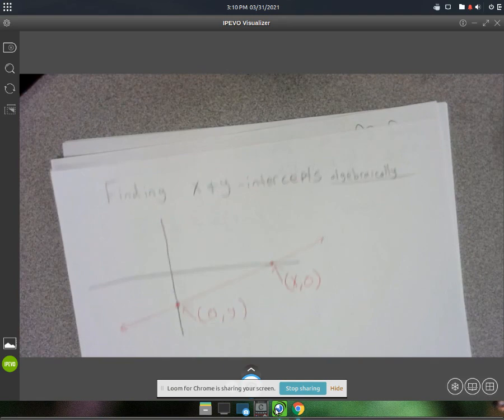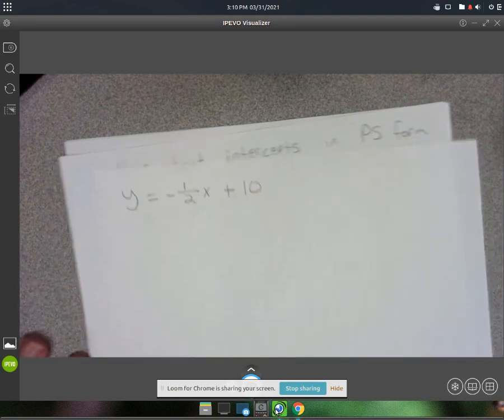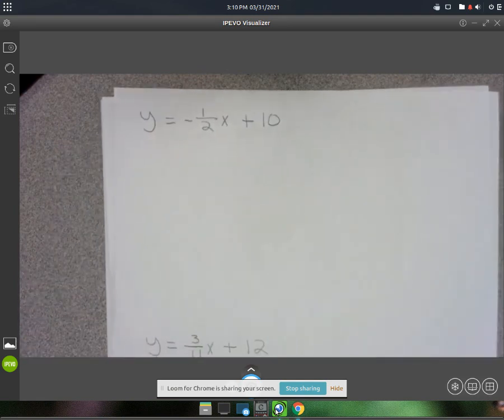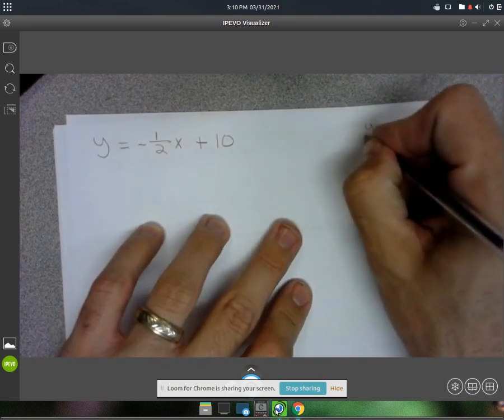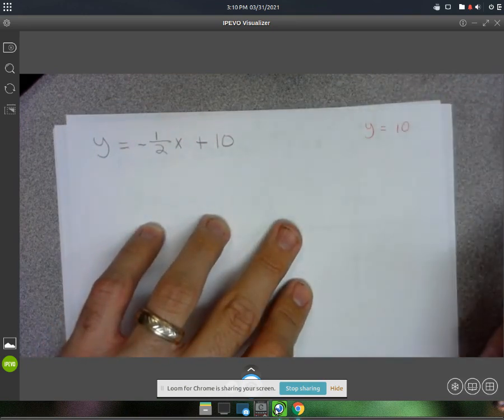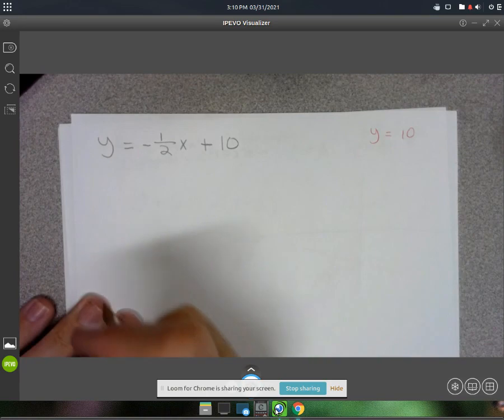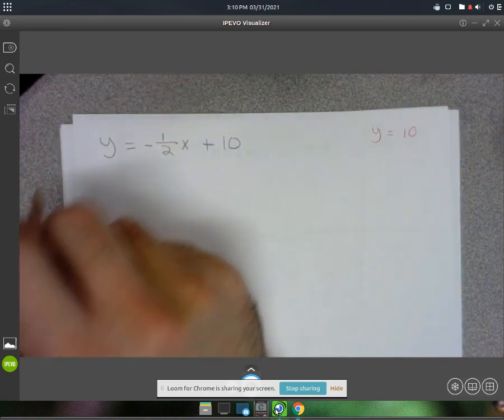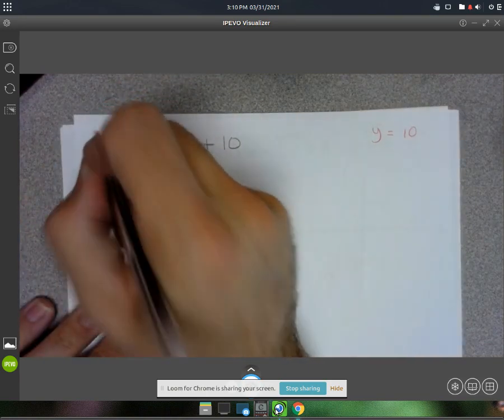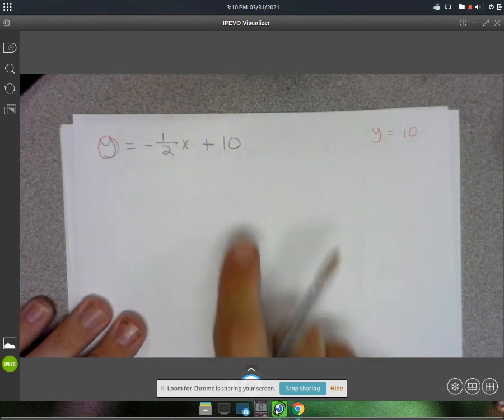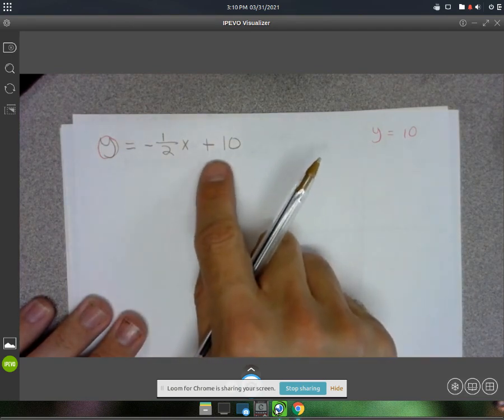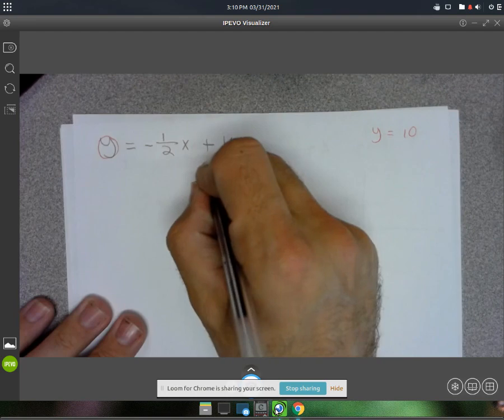Let's look at another one here. Okay, fractions, hello. The y-intercept is 10. Got that one solved before you did. For the x-intercept, I'm going to plug in 0. First thing I do is move over my constant term, the one without an x.